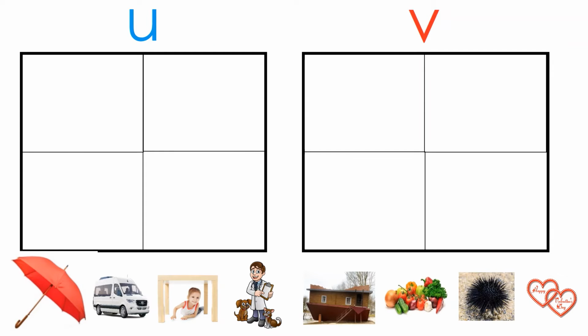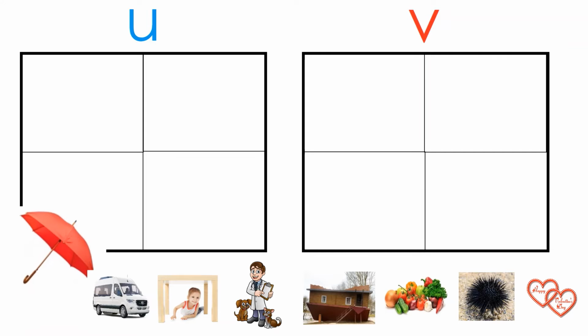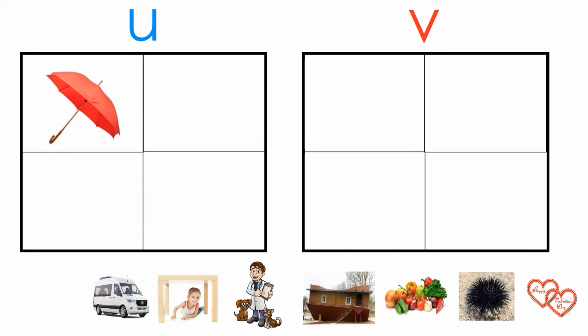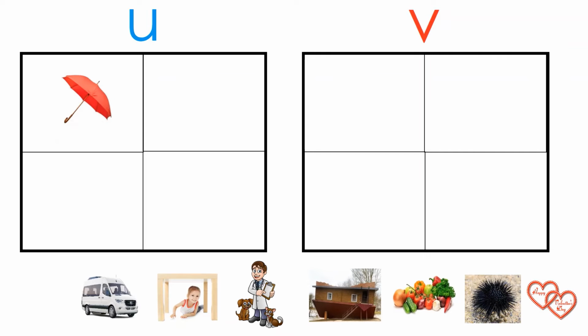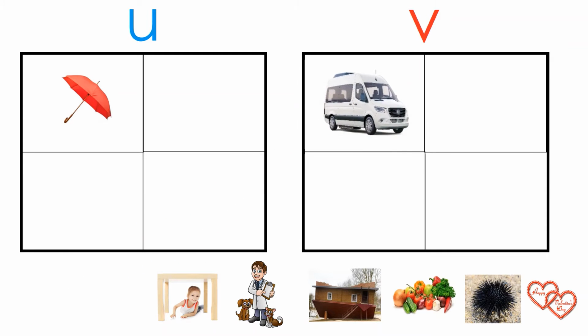Umbrella goes under U. Can you put picture of umbrella under U? And van goes under V. Can you put picture of van under V?